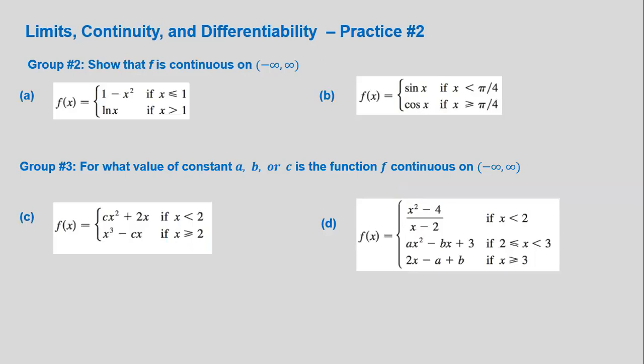The next set of problems, I give you a set of functions, and we need to show that each function is continuous on all real numbers. Then group 3, the two problems here, are a little more complicated. I'm going to show you how to find the constants in those functions so that the function is continuous on the real number line.